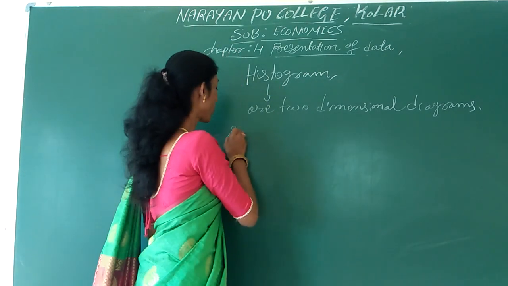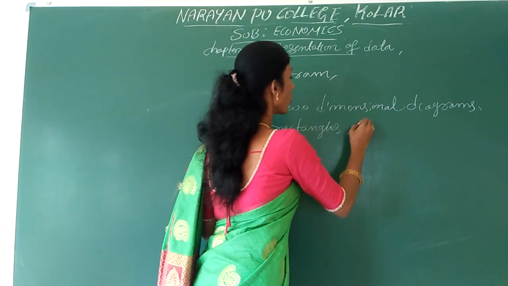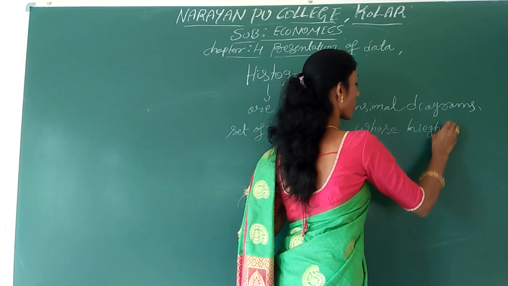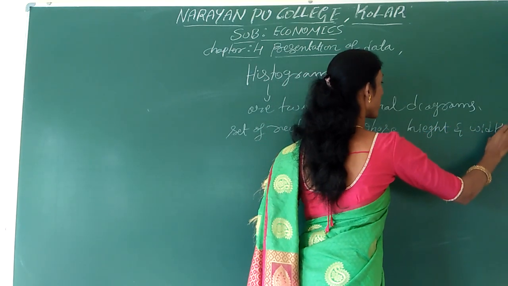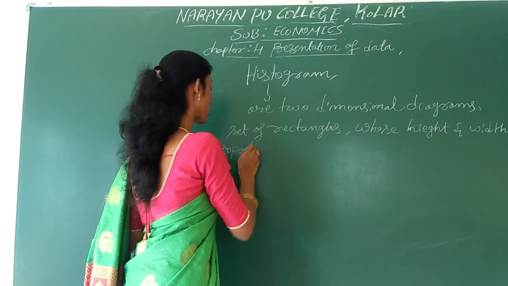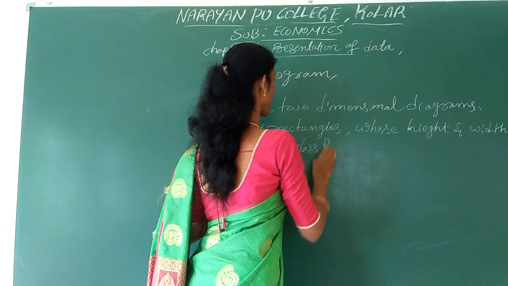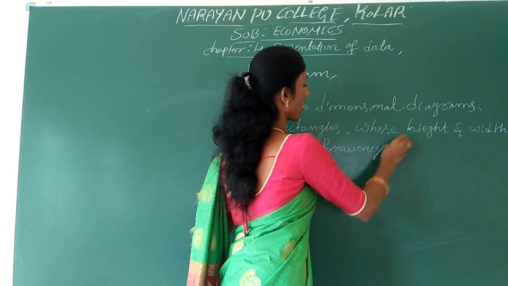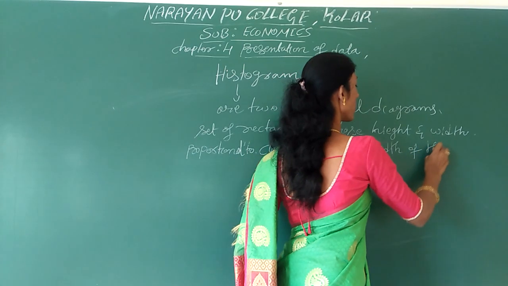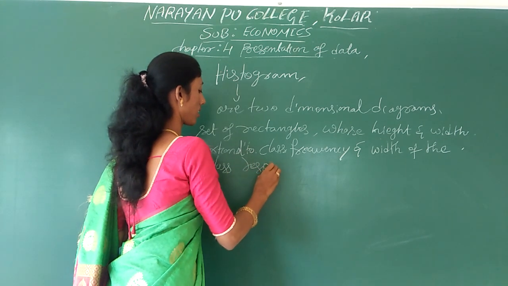Histograms are a set of rectangles whose height and width are proportional to the class frequency and the width of the class respectively.